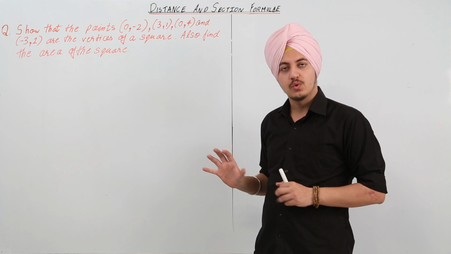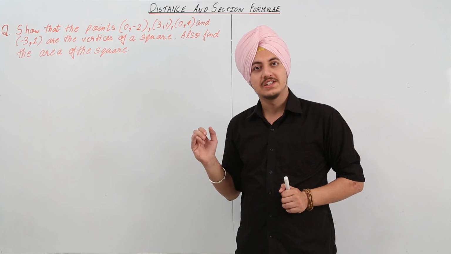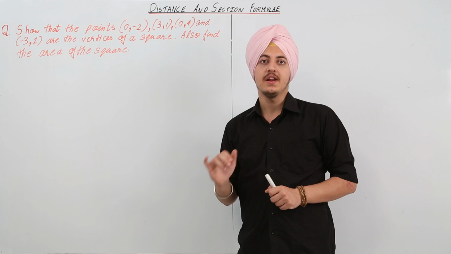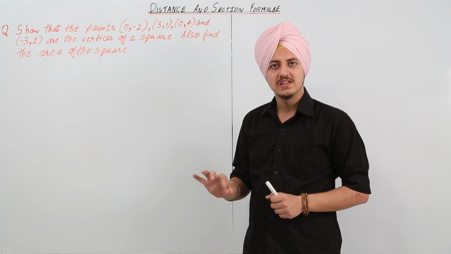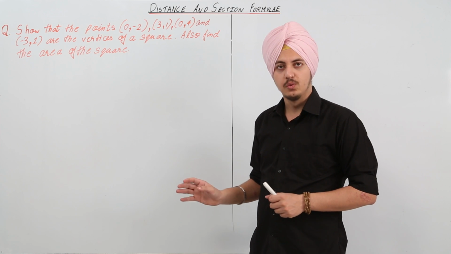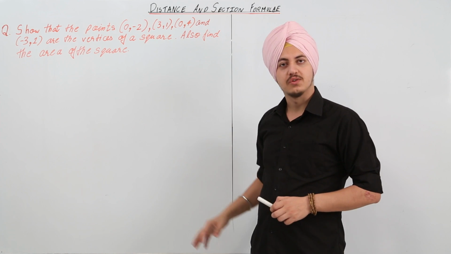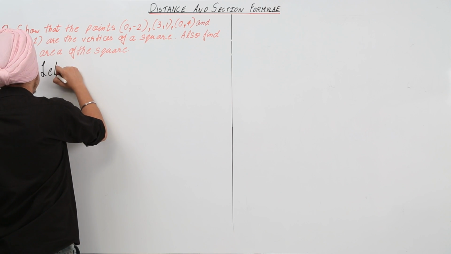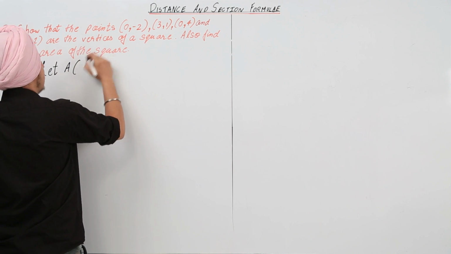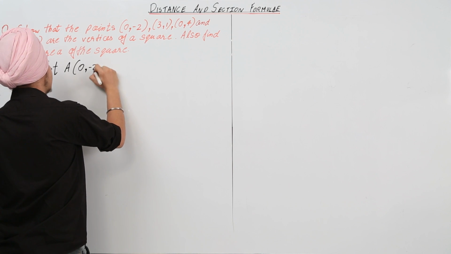All the sides of the square are equal and also both of its diagonals are equal. So if we prove that all the 4 sides are equal and that the diagonals are equal, we will prove that these are the vertices of a square. So let's start the question by marking all these as points.